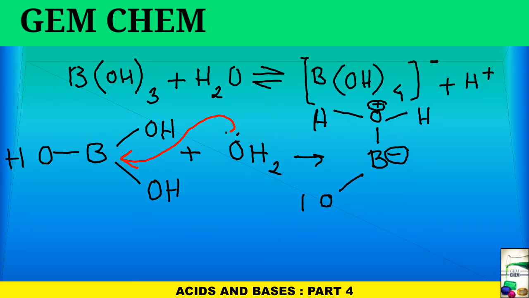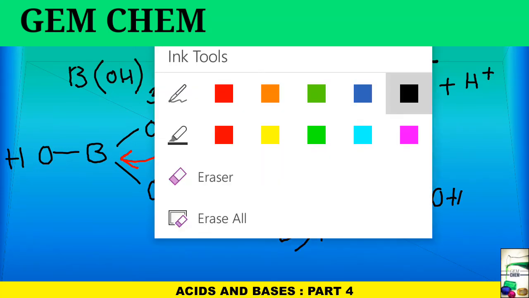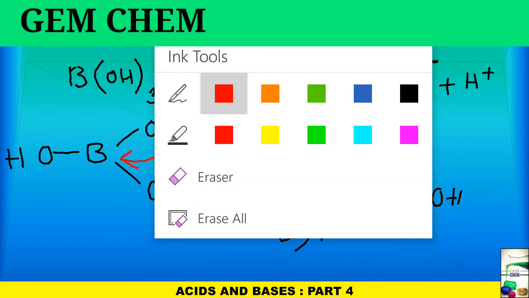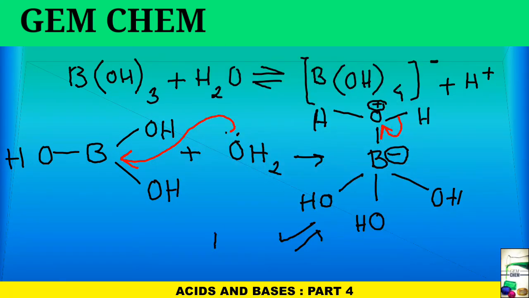So OH, OH and OH, and this will further lose a proton like this to produce B minus, OH, OH, OH and another OH, and a proton.